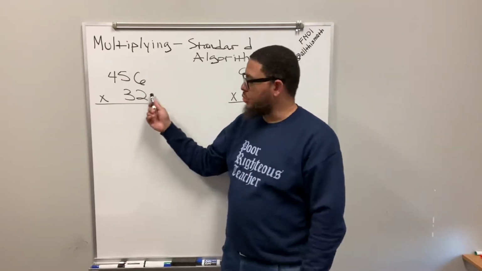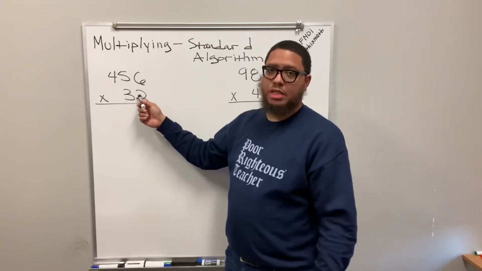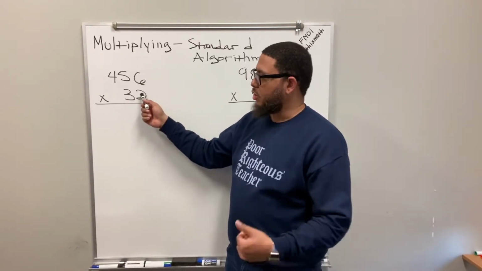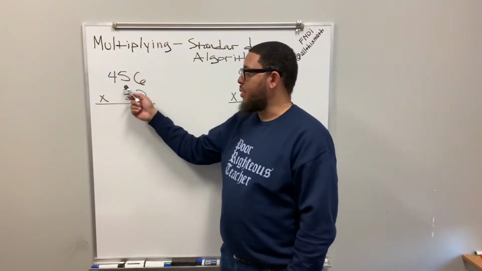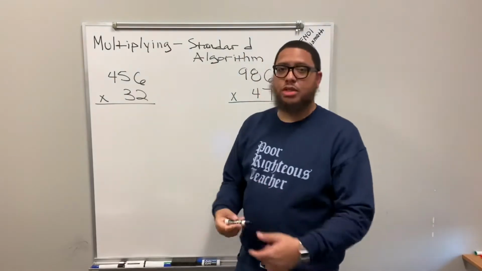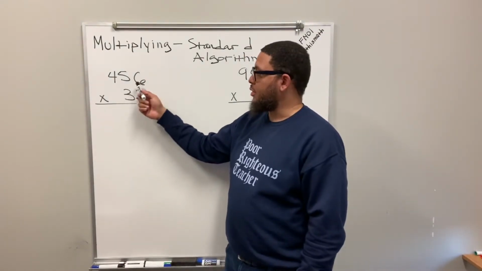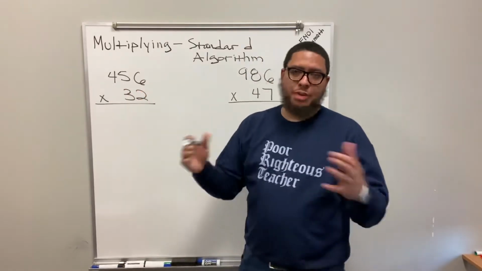So this is 32: 3 is one of the digits, 2 is the other digit. I start to the far right with this 2. That means I'm gonna multiply the 2 by the 6, the 2 by the 5, and the 2 by the 4. Then after I do that, the 3 gets a turn. I'm gonna multiply the 3 by the 6, the 3 by the 5, and the 3 by the 4. So that's basically the overview.